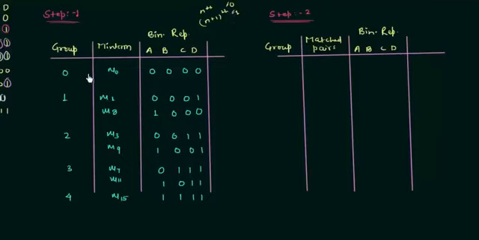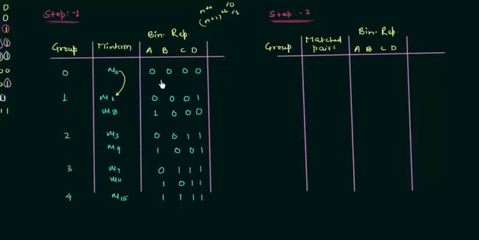So a matched pair is nothing but a pair of min terms which only differ by one variable. Very simple. If we compare the min terms of group number 0 with the min terms of group number 1, for instance, let's say I'm comparing M0 with M1, then it is a matched pair only if there is a difference of one variable.